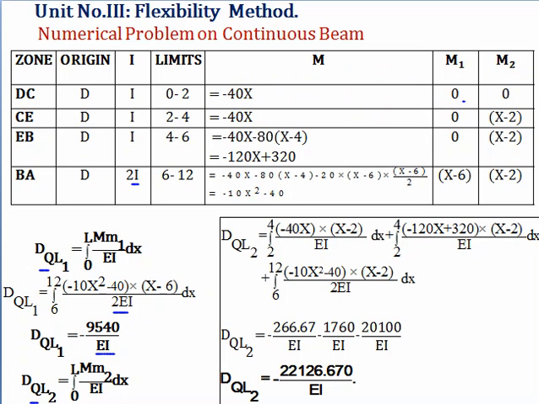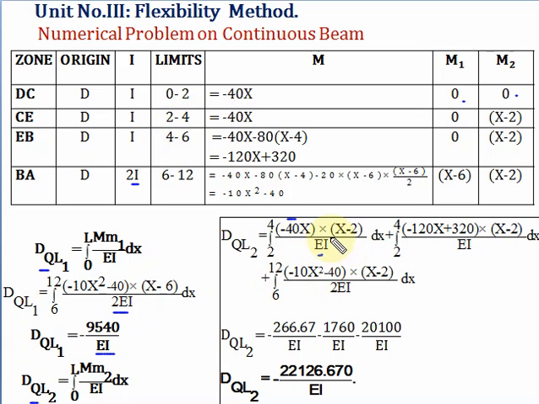As the value of M2 is 0, this term will be equal to 0 for zone AC. Now for zone CE, the value of M is minus 40x, so we have taken minus 40x, and the value in column M2 is x minus 2. The value of EI for zone C is EI, and the limits are 2 to 4.